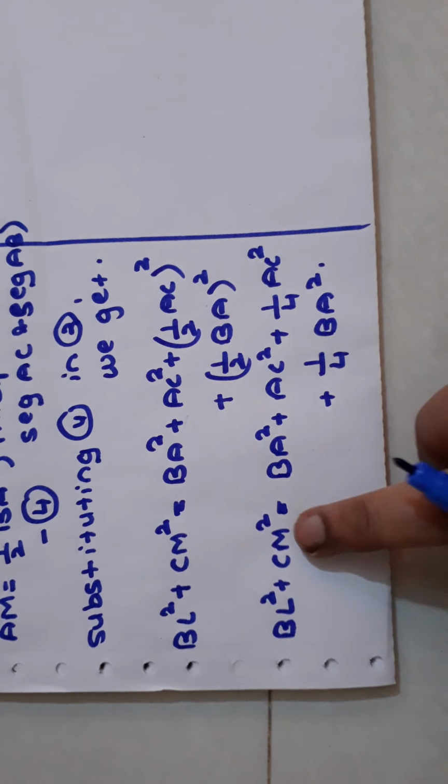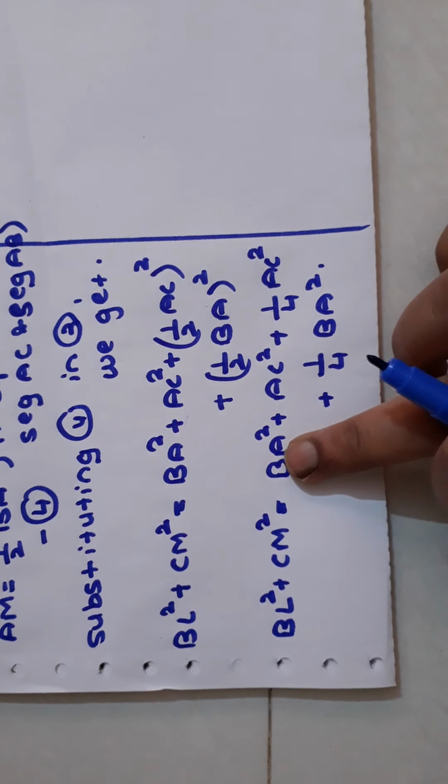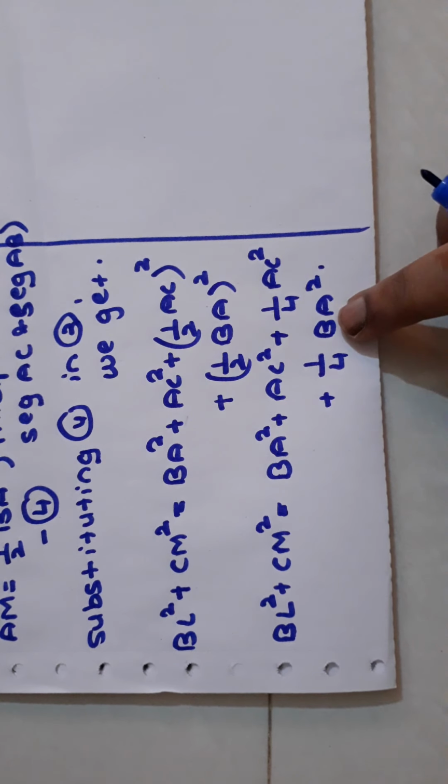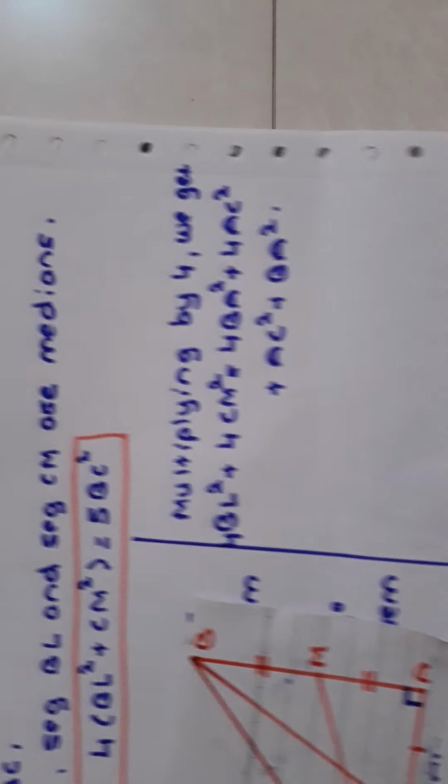Here 4 will get cancelled out, so AC square plus BA square.